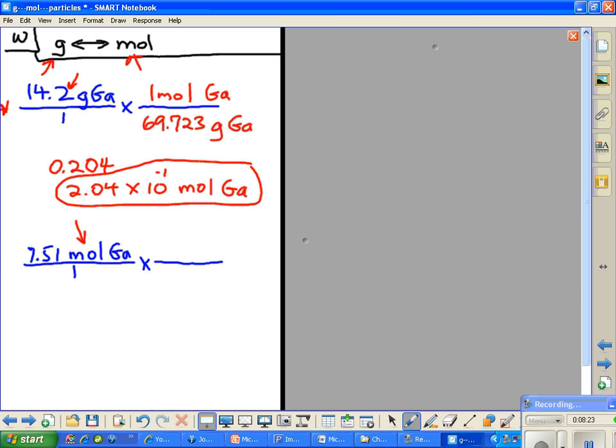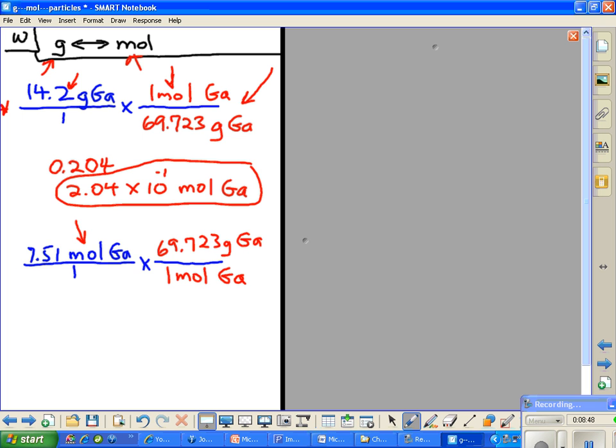So we've got the same substance. So the 69.723 grams of gallium is now going to be on top instead of on the bottom like it was up here. And the moles that were at the top in the first question are going to be on the bottom down here because we're going the opposite direction.